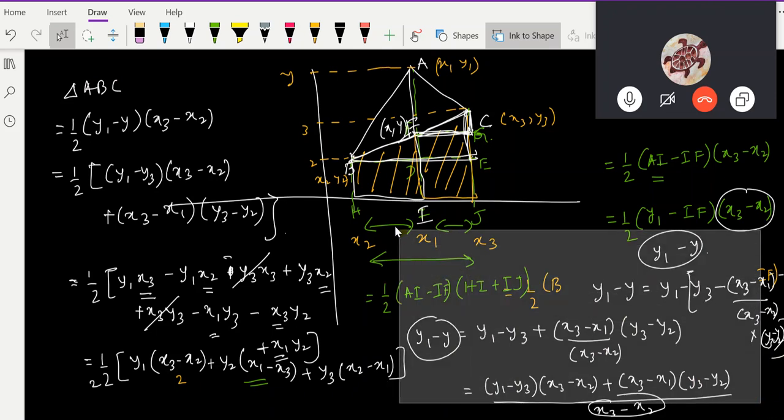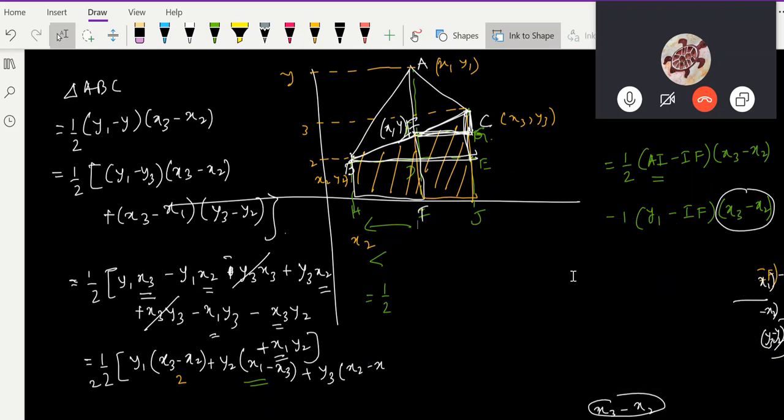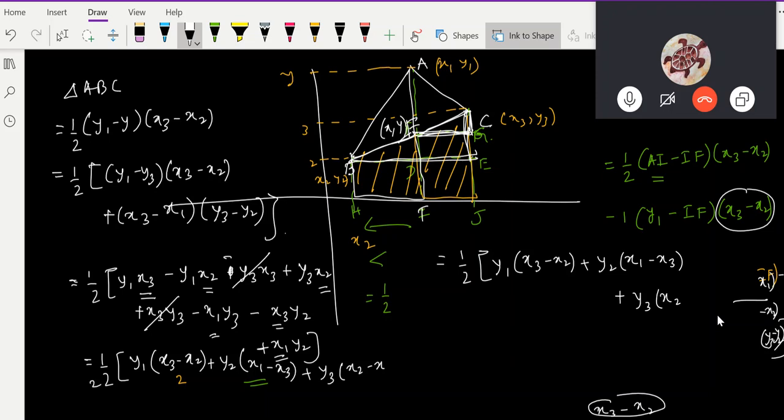Okay, now let us look at the logic. Okay, this was a long explanation. Now look at the logic. Half of y1 into x3 minus x2 plus y2 into x1 minus x3 plus y3 into x2 minus x1, right?